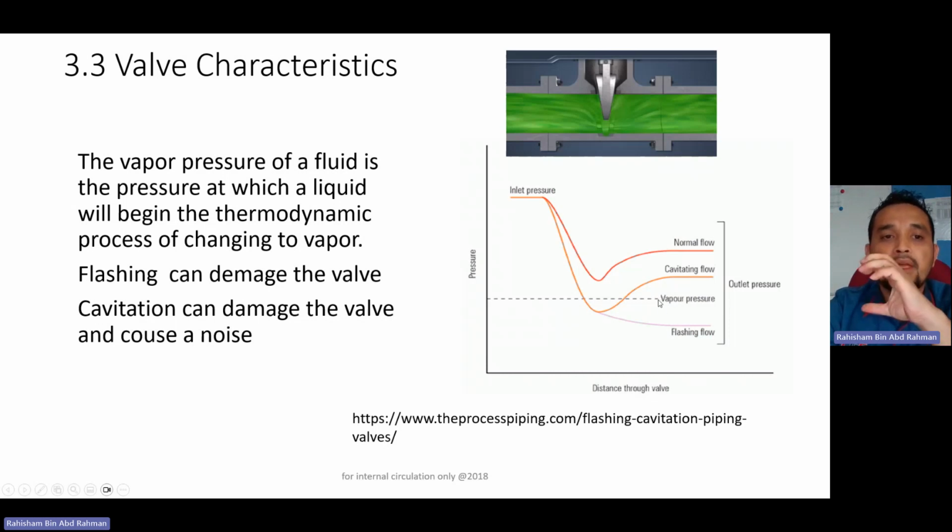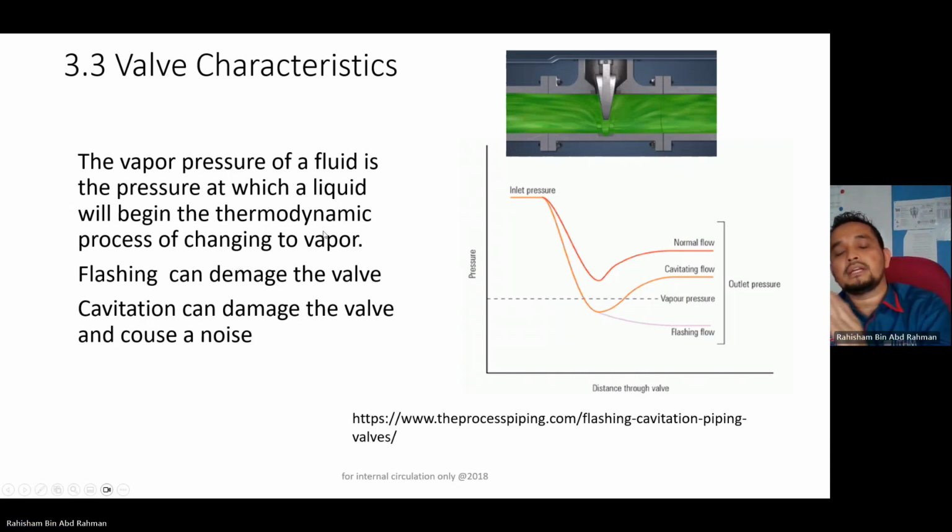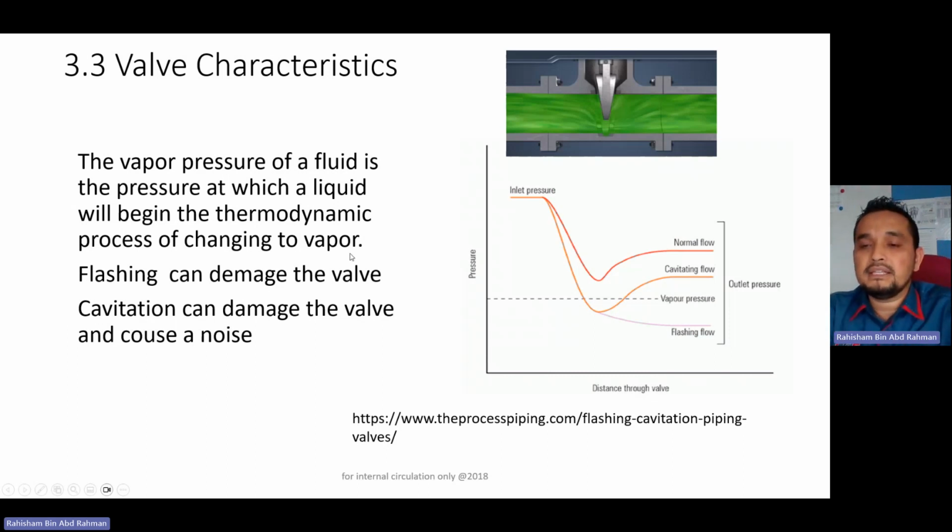The vapor pressure of a fluid is the pressure at which liquid will begin the thermodynamic process of changing from liquid to vapor. Vapor in this case is actually the formation of air bubbles. Initially it was a fully liquid, and now it starts to make air bubbles.